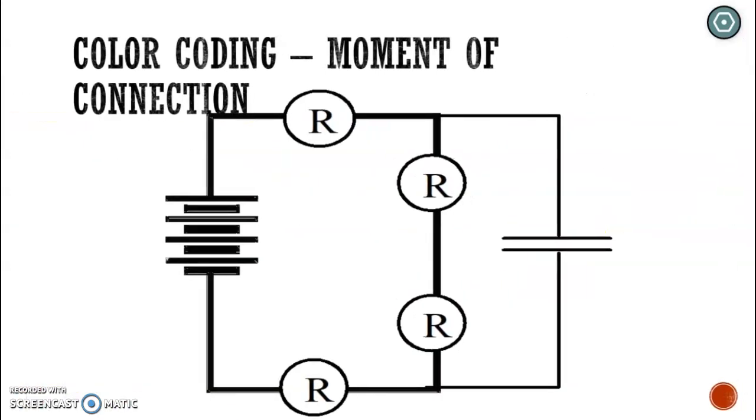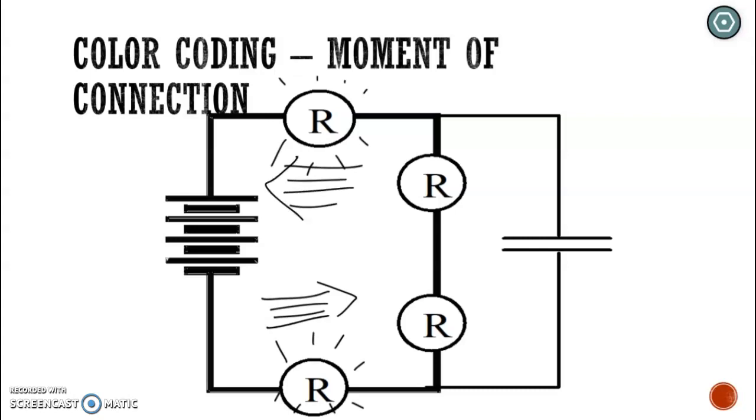Now, at the moment of connection, what we see is that this bulb here lights very bright, and this bulb here lights very bright, which means that there must be a lot of charge flow through that bulb and a lot of charge flow through that bulb, but none through those bulbs.